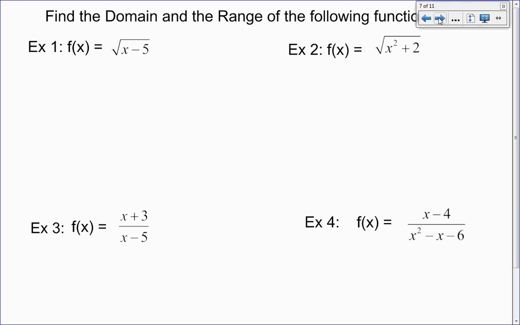In this first one, we're given a square root, and you should think to yourself, we can never take the square root of a negative number.